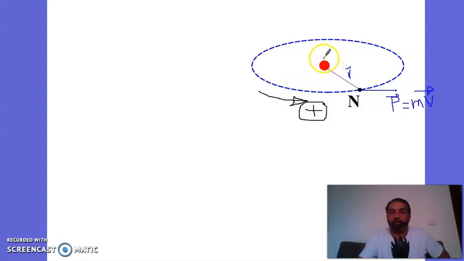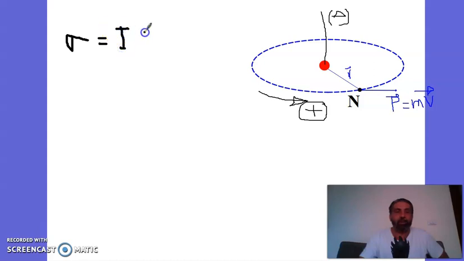This is axis delta, passing through the center of the sun. You can say this is the z-axis. Sigma is what? Sigma equals I theta prime. Okay, let's first calculate I.